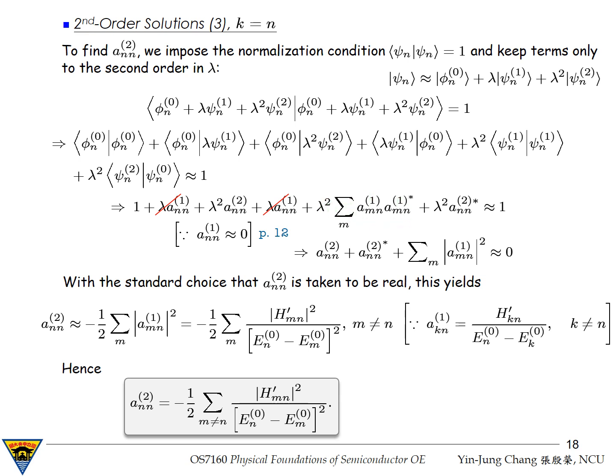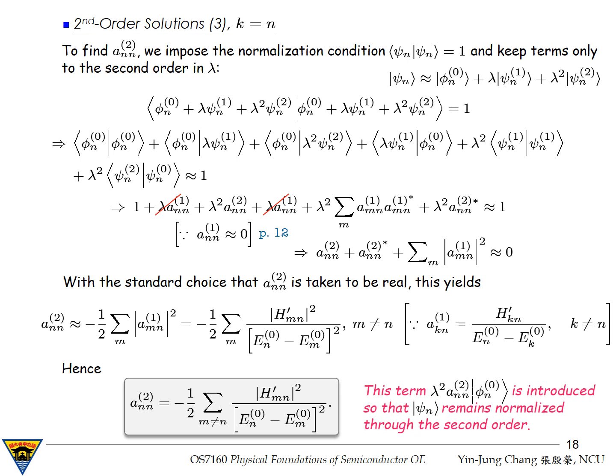So the norm becomes too large unless we add a compensating second order correction along the nth unperturbed state. That is exactly what leads to a sub nn2. Therefore, the term shown here is introduced so that psi sub n remains normalized through the second order.